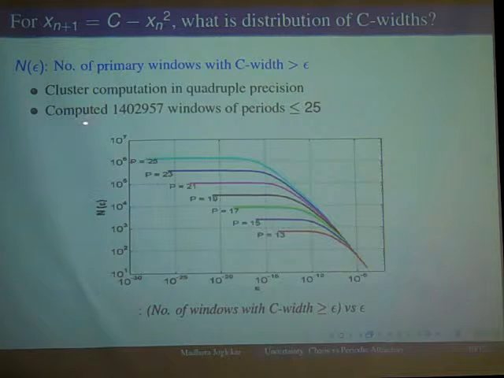Since there were a huge number of windows, approximately 1.4 million windows, we used cluster computation with 100 processors in quadruple precision, and this graph shows N of epsilon, which is the number of primary windows with width greater than epsilon as a function of epsilon.